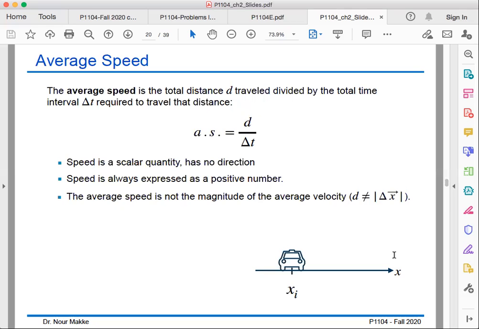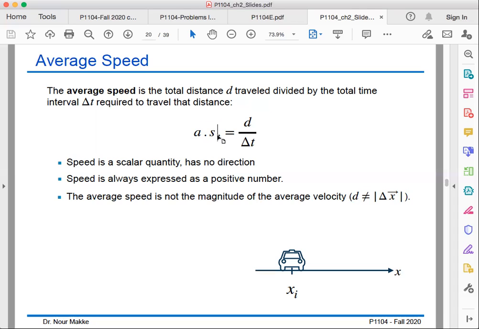So suppose that the object has moved between an initial time ti and the final time tf a given distance d, then you can define what we call the average speed as the ratio between the distance and the time in this way. So it's d over delta t, where d is the distance, as we have seen earlier, and the average speed we denote in this way, s with a bar.